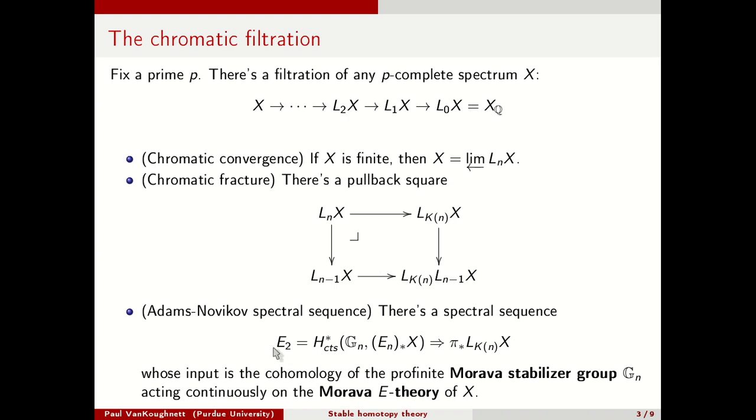And then finally, there's a spectral sequence which computes the K_n local homotopy groups of X, whose input is the cohomology of the nth Morava stabilizer group, which is a profinite group, acting continuously on the nth Morava E-theory of X, which is a certain homology theory of X.